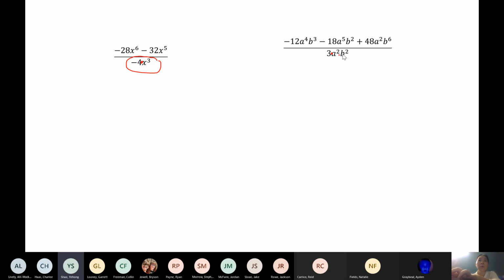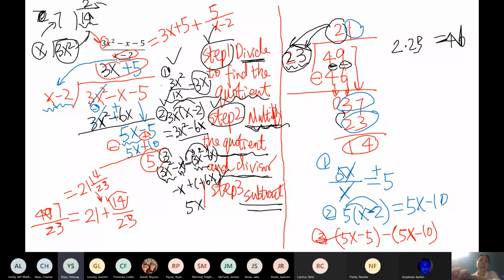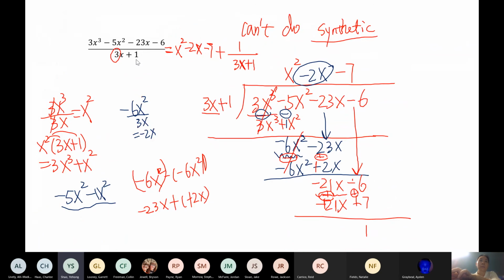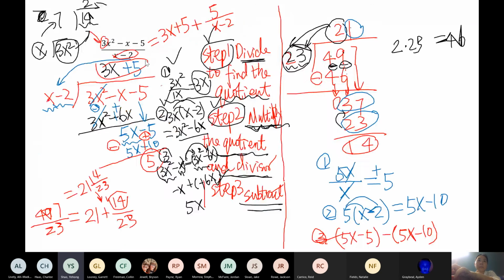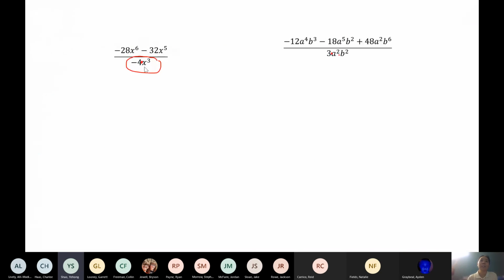Compared to those examples, we had to do long division because the denominator has 2 terms: x minus 2, x minus 1, or 3x plus 1. But in these questions, long division will still work, but you don't have to do long division. These will be easier.